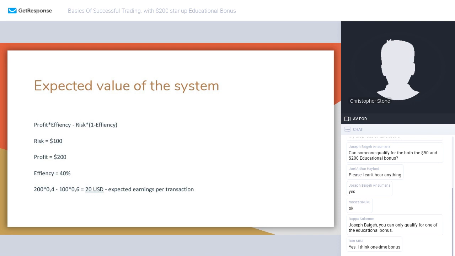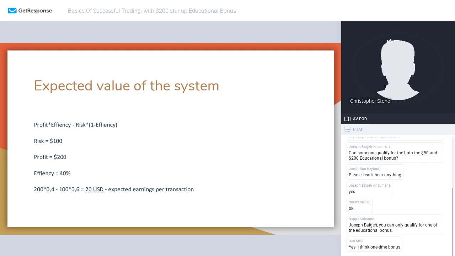When our efficiency is equal to 30%, we have a very simple formula: 200 means profit, multiplied by efficiency 0.4, minus 100, which is the risk, multiplied by 0.6, because 1 minus 0.4 is 0.6, equals $20. And what is this $20? It's the expected value of the system.